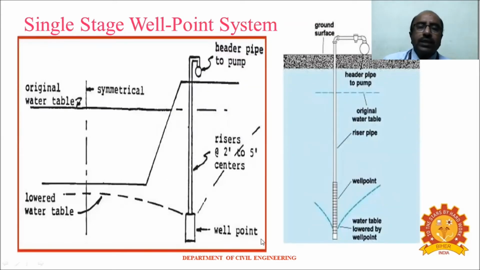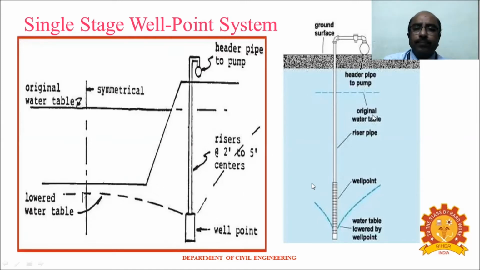This picture shows the simple well point system, that is the single stage well point system, where we have the ground level here as well as the existing or original groundwater table. And when we install this well point here, then the pumping of the water from this well point lowers the groundwater table in this way.